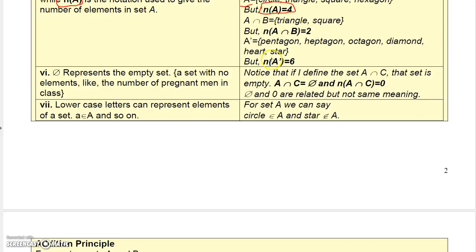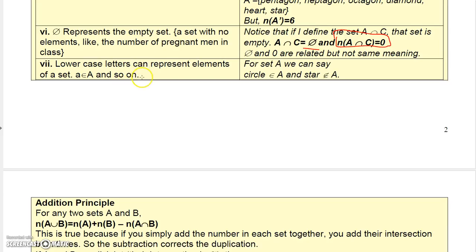No. So I could say A intersects C is the empty set, and when a set is the empty set, then the number of elements in it equals 0. So understand that this notation and 0 are related, but they're different meanings. And then, of course, lowercase letters can represent the elements of a set, and so on.